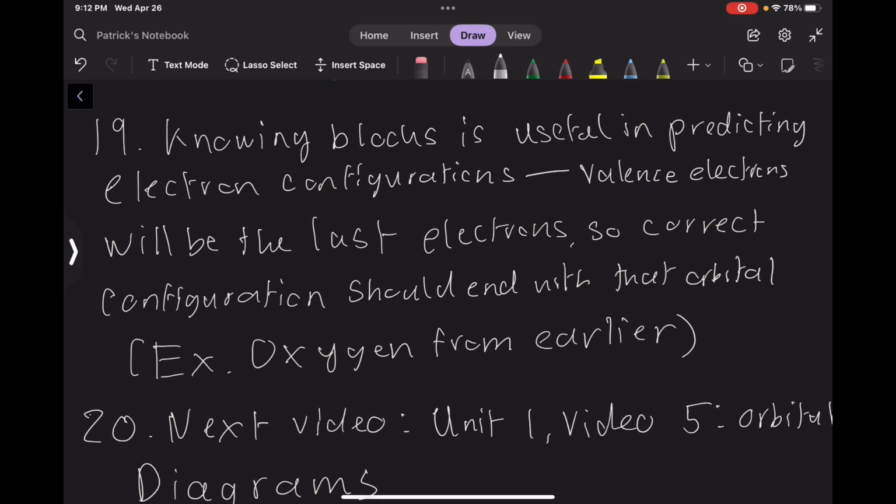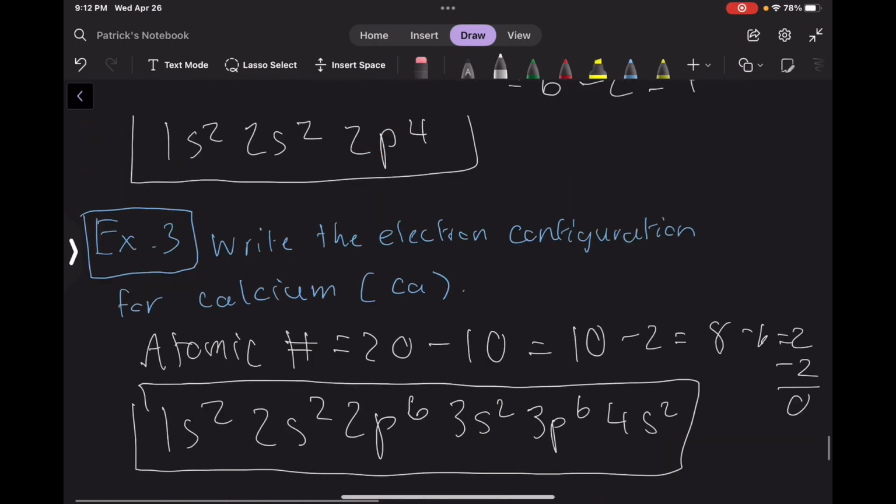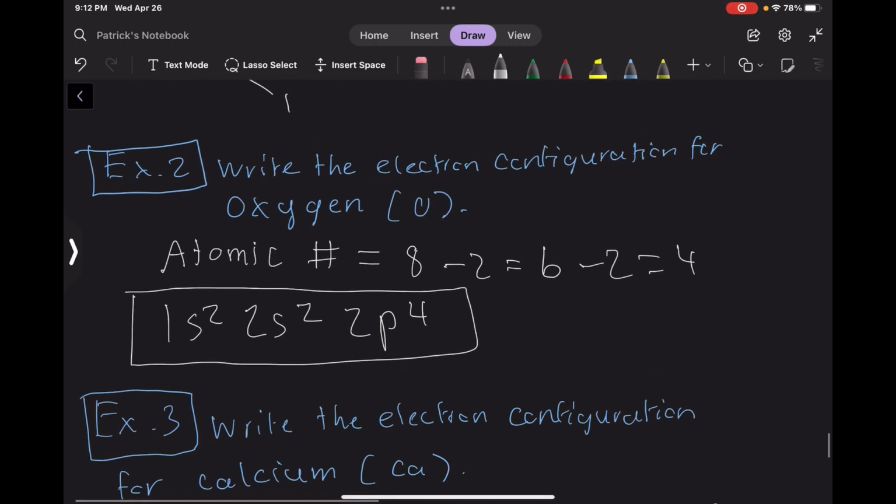If we go back to example 2 here, we will notice that the rightmost term of oxygen's electron configuration is 2p, which in this instance has an exponent of 4 instead of 6 because the subshell is not filled to capacity.